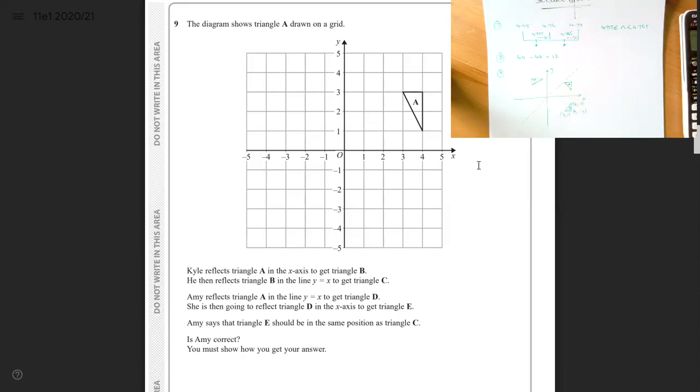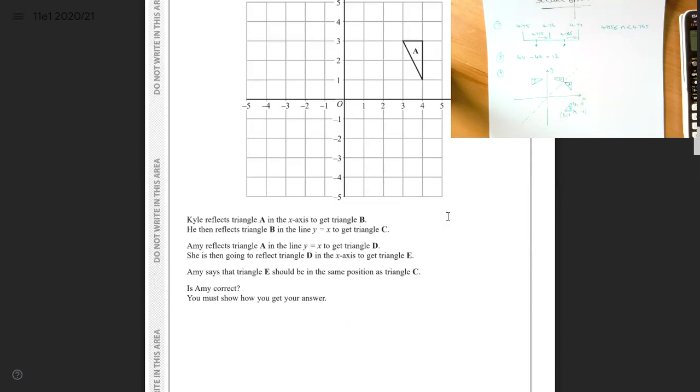Amy reflects triangle A in the line y equals x to get triangle D. She's then going to reflect it in the x-axis to get triangle E, so that's going to come down to here.